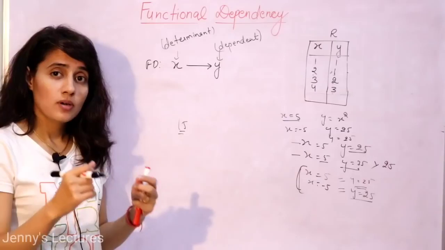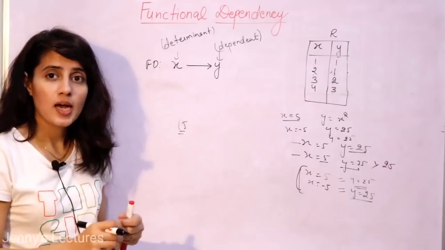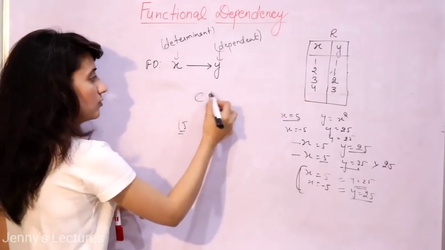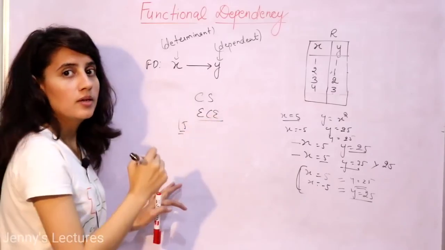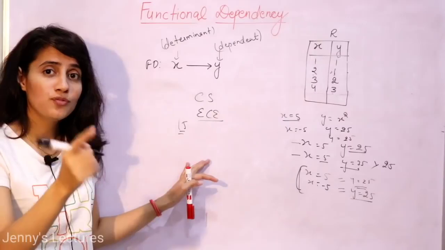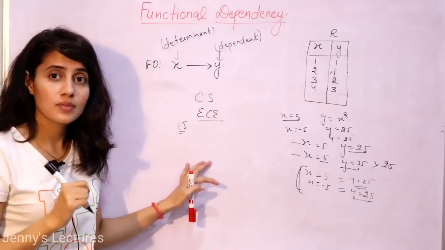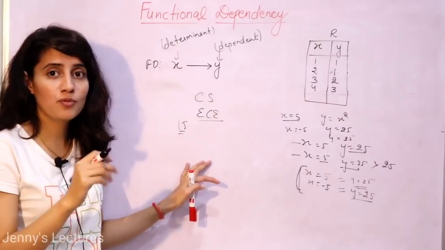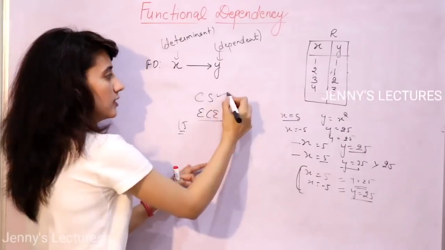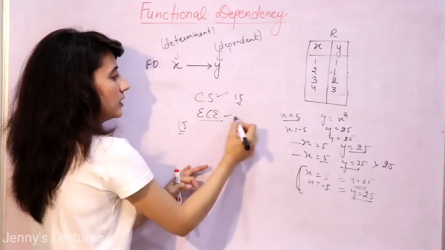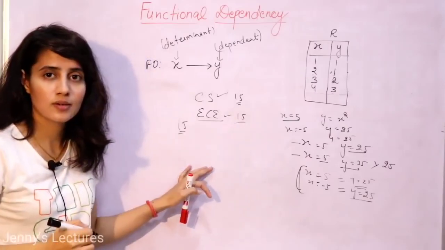But now suppose in a seminar hall I am taking a class, and there I have students of CS as well as EC department, right? Now there if I say roll number 15, tell me your name, then I cannot determine with the help of roll number what the name of roll number 15 is, because in CS also there would be roll number 15, in EC also there would be roll number 15.